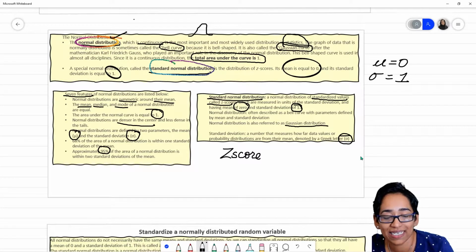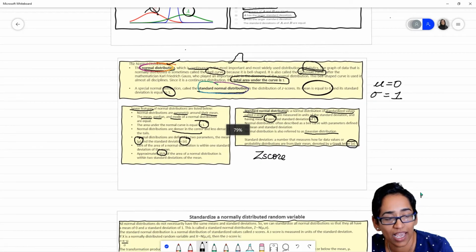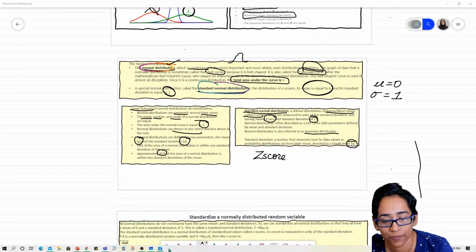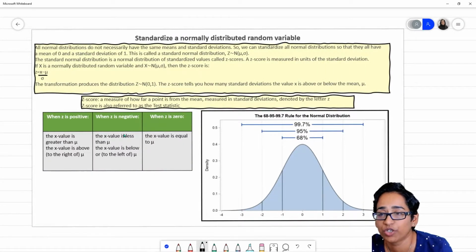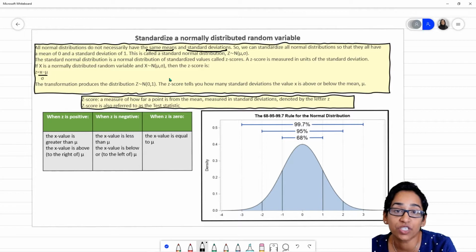So let's go ahead and take a look at the next one. We're going to be talking about standard normal distribution. All distributions do not necessarily have the same mean or standard deviation. There are millions of distributions, millions of data values that I take. Every data set has a different mean and different standard deviation.